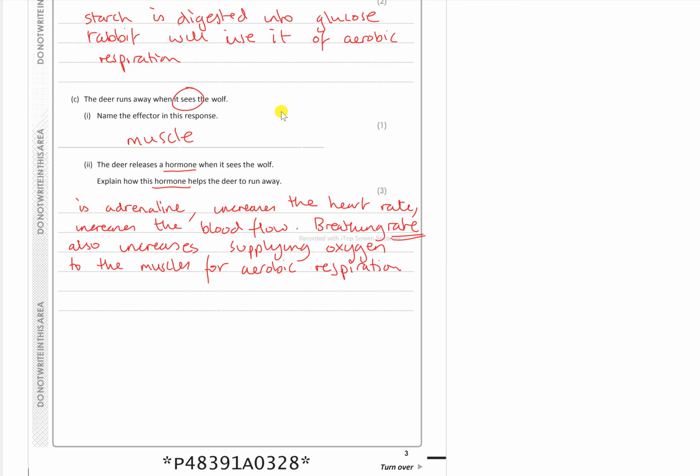Also, glycogen in the muscle cells and liver is converted into glucose for aerobic respiration.